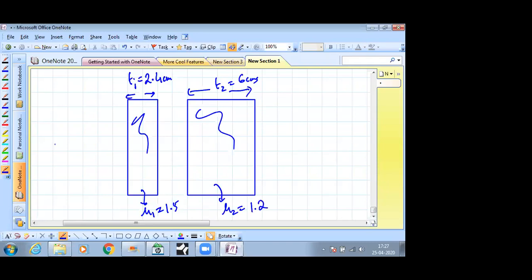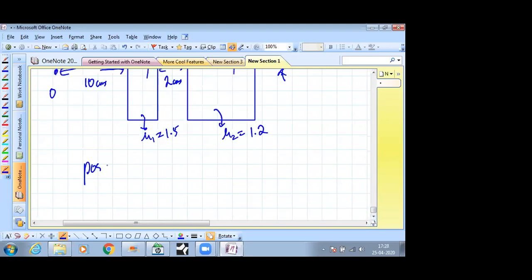And now there is a point object over here which is kept at a distance of 10 centimeters, and between these two there is a gap of, let us say, 2 centimeters, and there's an observer who has the normal line of sight. You want to find the position of the image, the position of the object as seen by the observer. This is what we want to do over here.